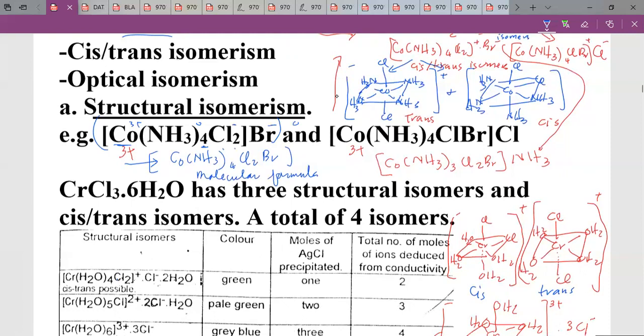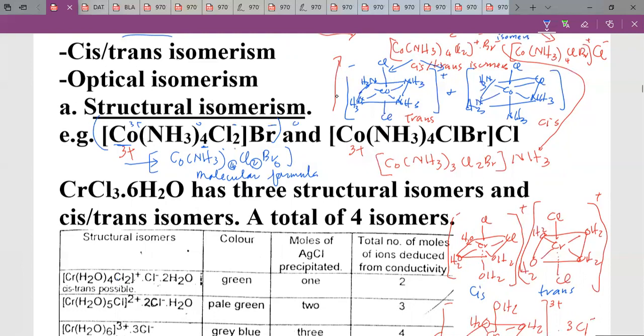Whenever you see this, it is obviously an octahedral complex. Whenever you see the number exceeds 6, 4 plus 2 plus 1 is 7, right? So for it to form an octahedral, 6 must be bonded to the cobalt and 1 should be outside. So what are some chances? There are 3 structural isomers you can play with.